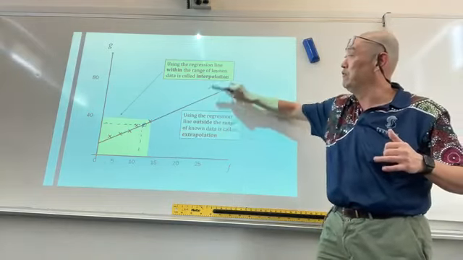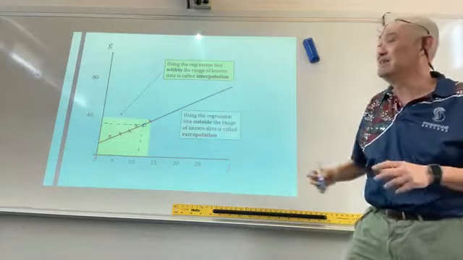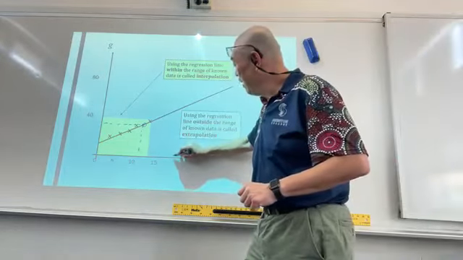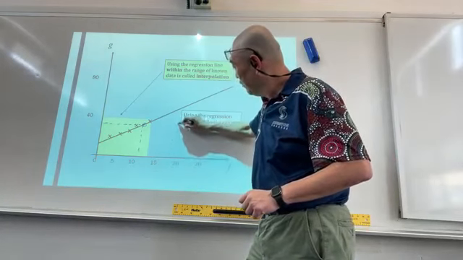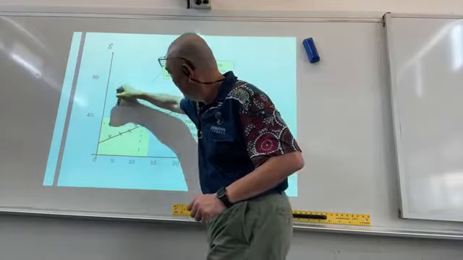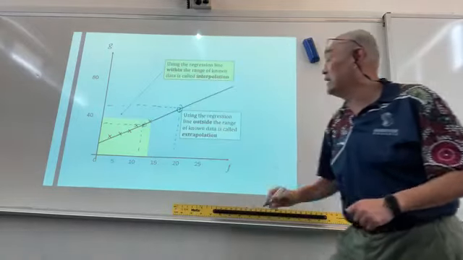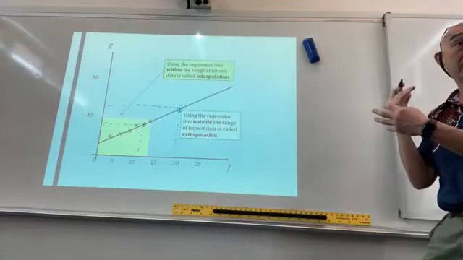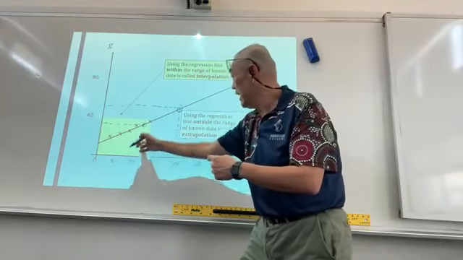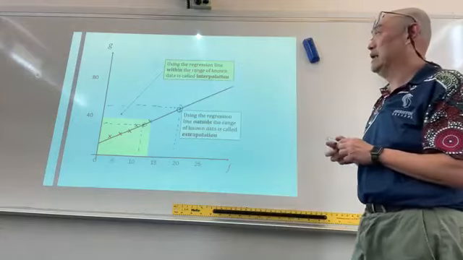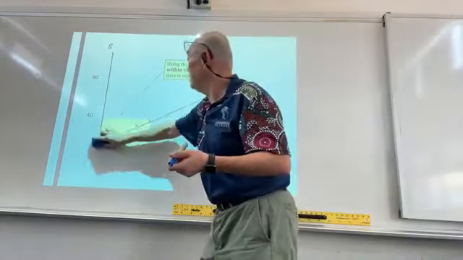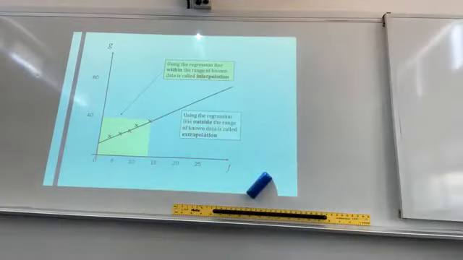If you don't say that, you'll be marked down for sure. So if I want to estimate when this is 20, if I use this line, the prediction is actually extrapolated, it's outside the data we've got. Whereas when it is 10, we know that it's within the range of known data, so it's called interpolation.